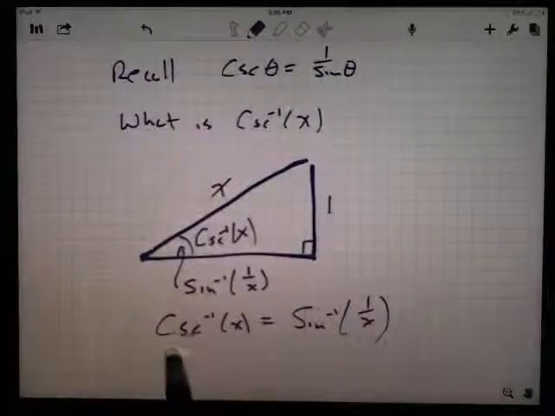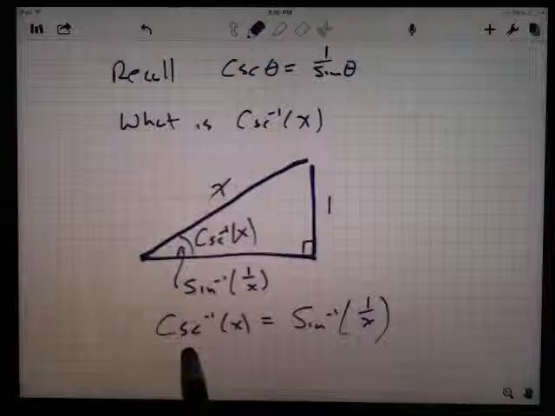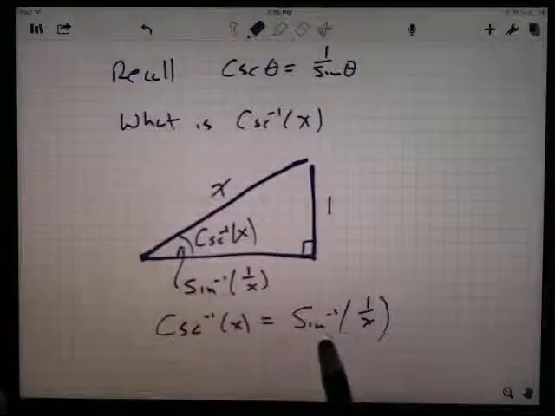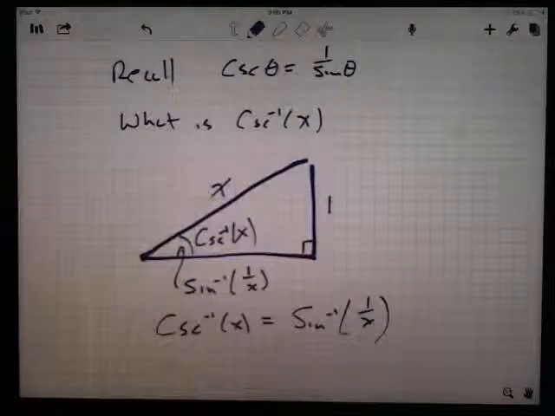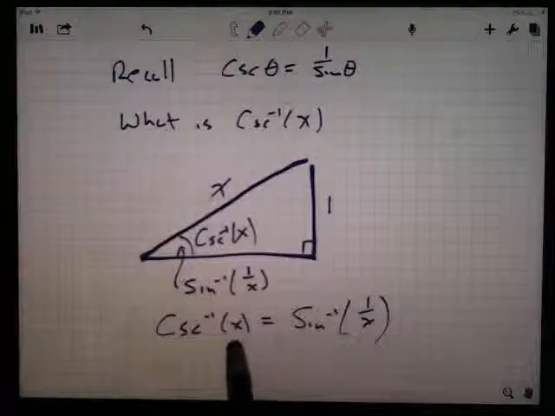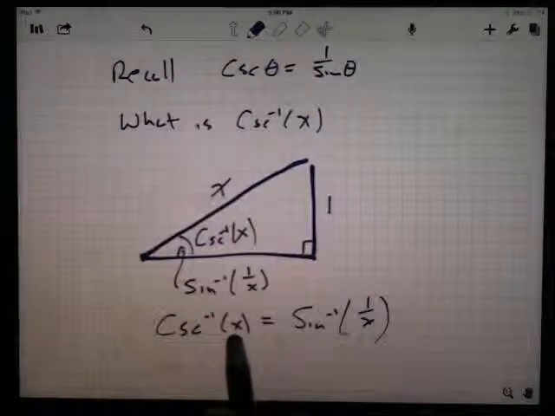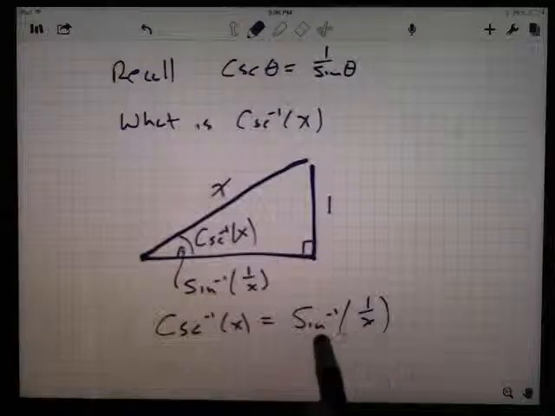Here, I'm talking about angles. The output of the cosecant inverse is an angle. The output of the sine inverse is an angle. The angles aren't reciprocals. The ratios of sides are reciprocals, and the ratios of sides go on the inside. So if I'm plugging an x into cosecant inverse, then I should be plugging a 1 over x into sine inverse.